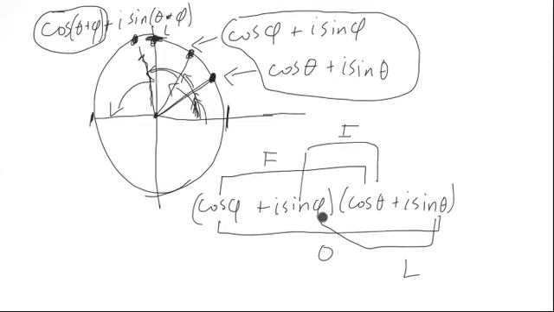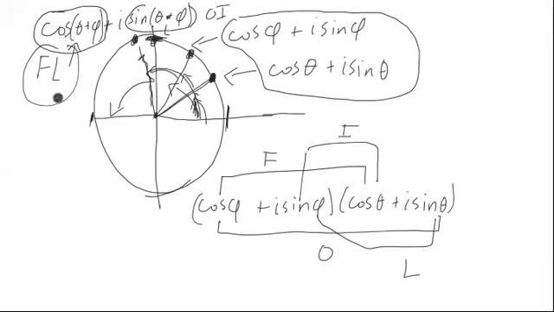The F and the L together will give you this right here, and you'll have an identity. Very nice identity, very useful. Now the O and the I would give you something complex with an i in it. So it would be the imaginary part that would give you the sine. That comes from the OI of this multiplication.